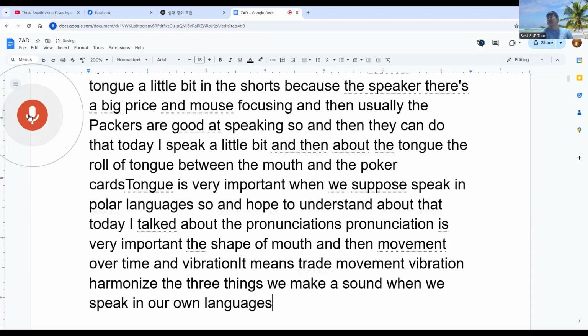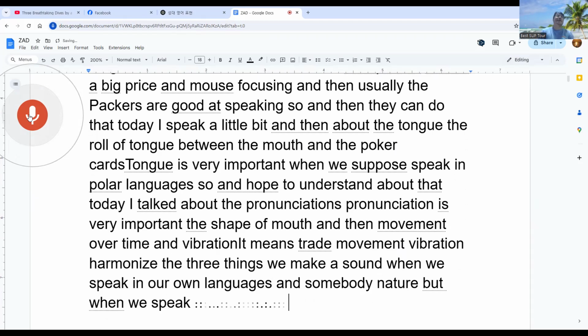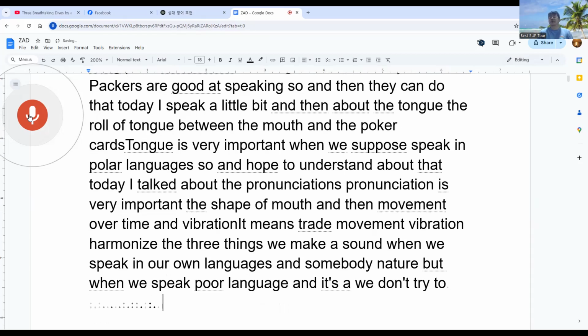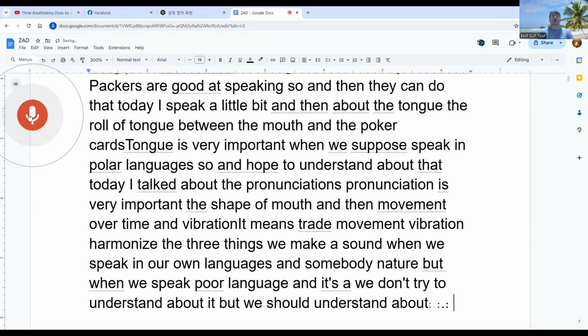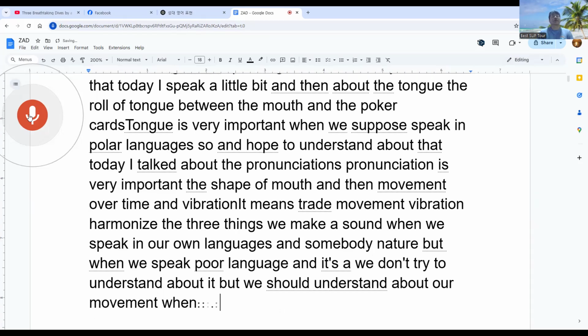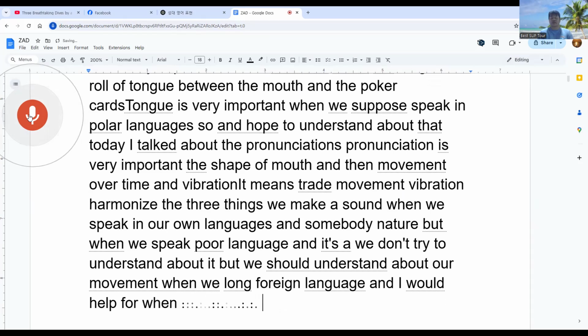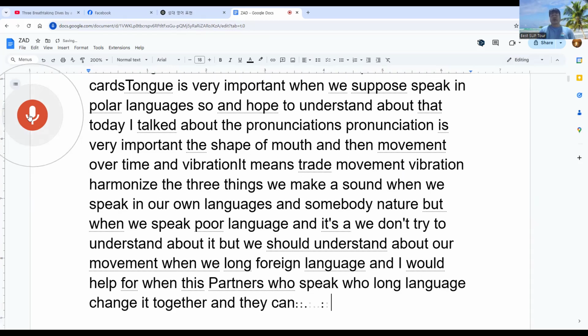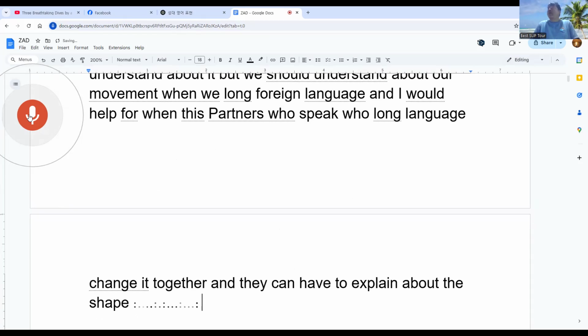But when we speak foreign languages, we don't try to understand it, but we should understand our movement when we learn a foreign language, with the help of language partners in a language exchange, who can explain the shape, movement, and vibration.